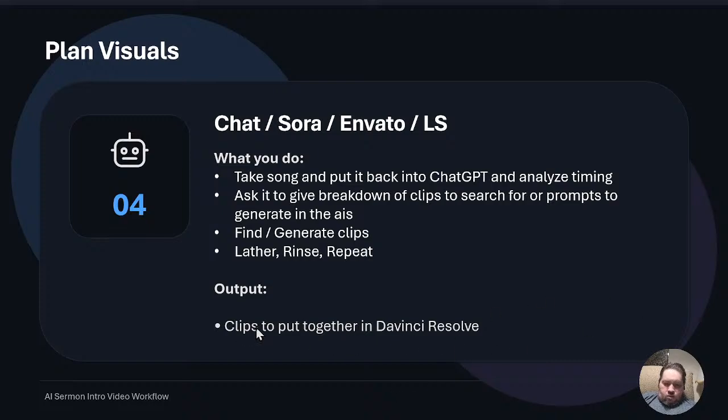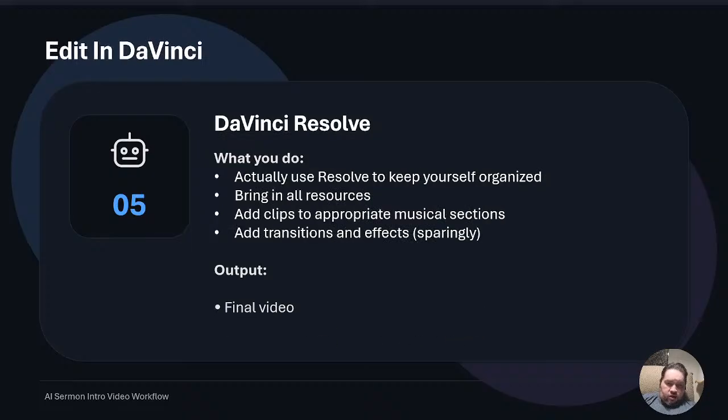So once you have all the clips, you put them into DaVinci Resolve, and the final step is to put the clips together. You organize everything in DaVinci Resolve, so you've got all your resources, your clips, and your audio, and you bring it all in.